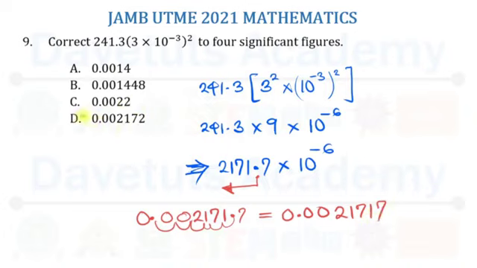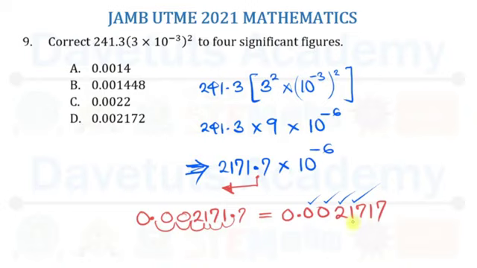But do I have something like that in the options? No. The closest are these two options. But look at what we are being asked to figure out. We are asked to figure it out in 4 significant figures. So the question is, how do we count our 4 significant figures when we have a decimal like this? Because the zeros here are coming after the decimal point, they are going to be significant. So we have 1, 2, 3, and 4.